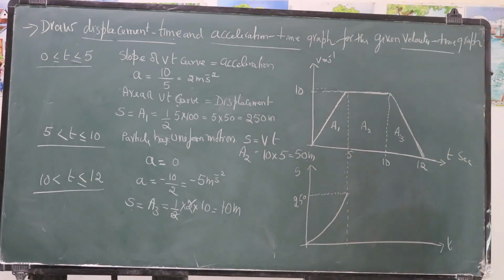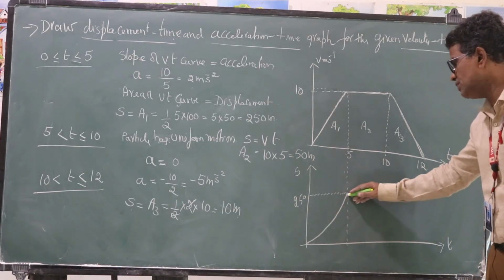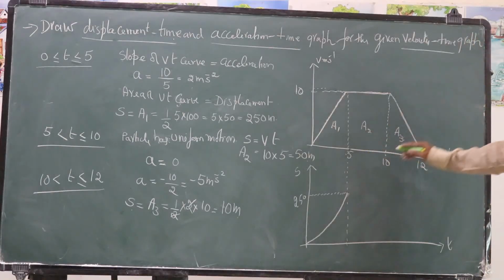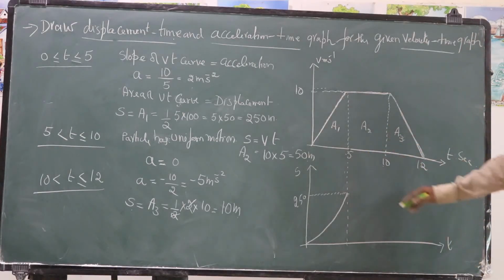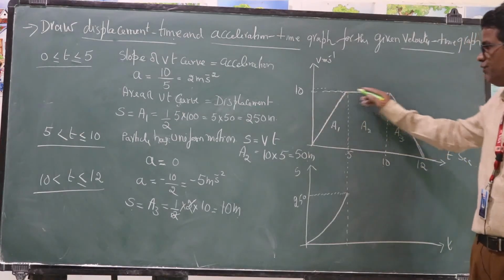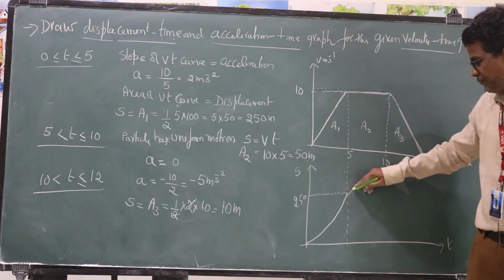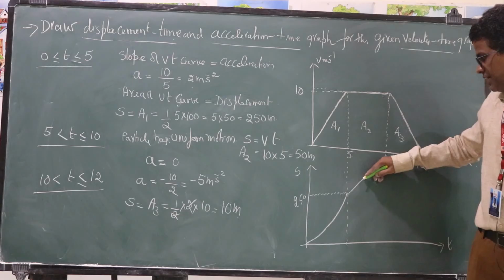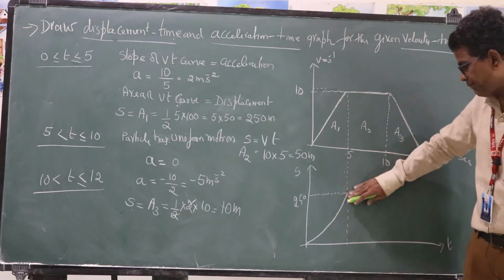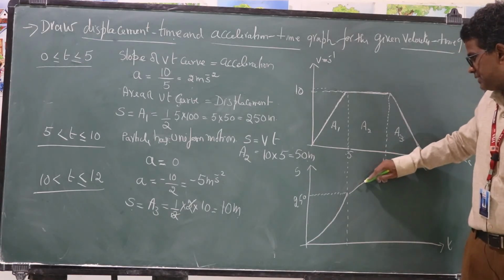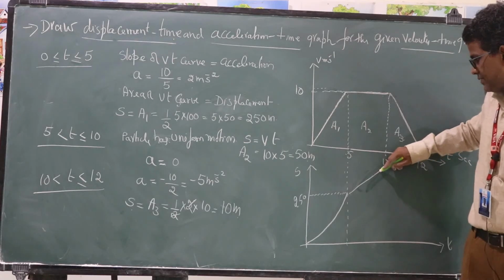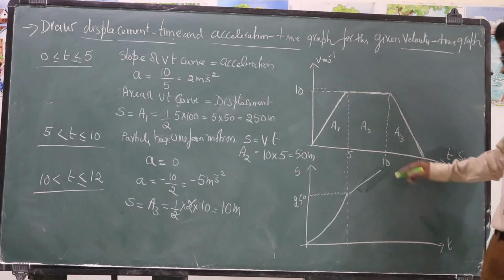Then this is increasing slope. Then from 5 to 10 seconds the body has uniform motion. So the shape of the s-t curve is a straight line. During 10 seconds it will be like this, up to 10 seconds.